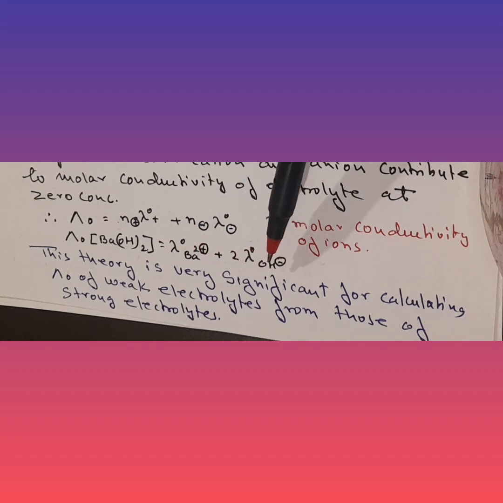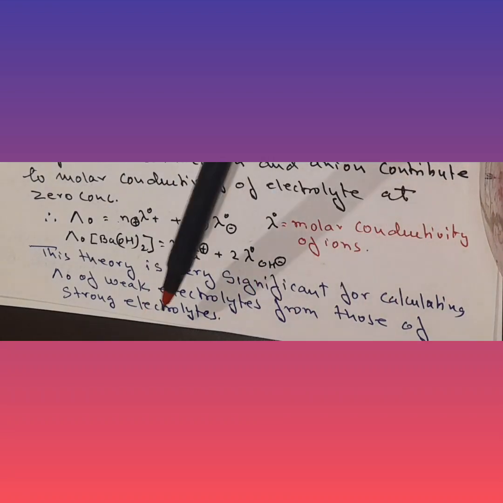For example, if we have barium hydroxide, at infinite dilution the contribution would be from the molar conductivity of barium and also 2 times the molar conductivity of hydroxide, because we have got 2. So this theory is very significant for calculating molar conductivity at infinite dilution of weak electrolytes from those of strong electrolytes.